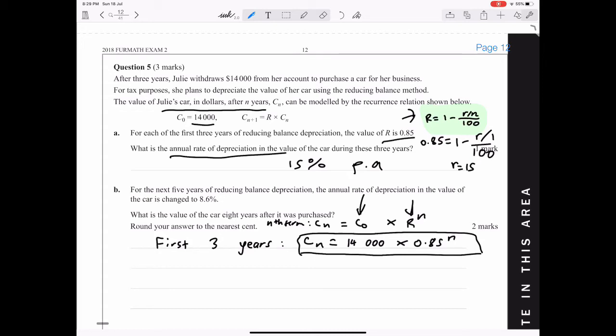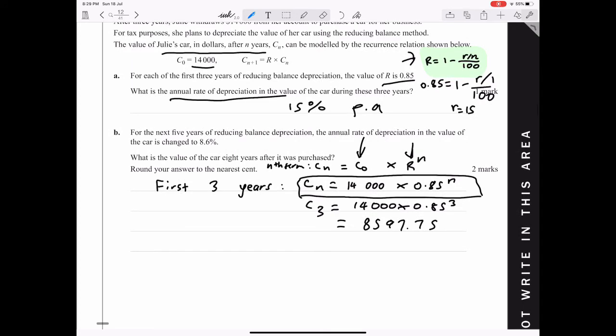So you use this rule to find the value of the car after 3 years. So write C3, 14,000 times 0.85 to the power of 3. And if you do that, you should get 8597.75. So that's the value of the car after 3 years.